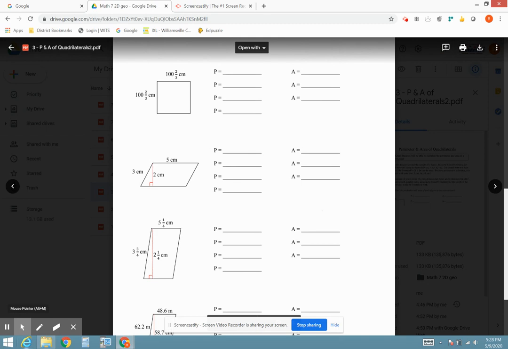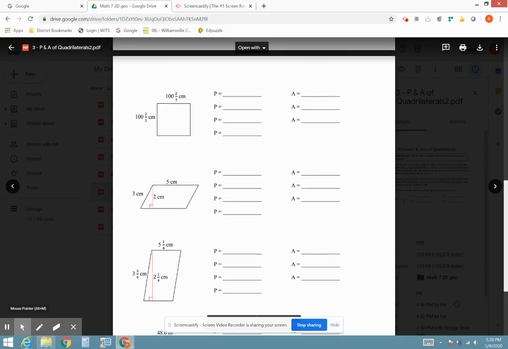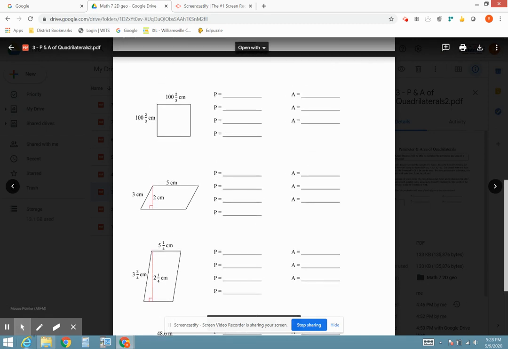All right, so let's have you guys try on your own area and perimeter for this shape right here, this parallelogram.